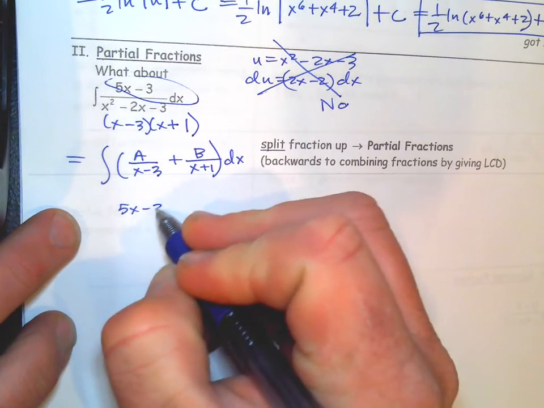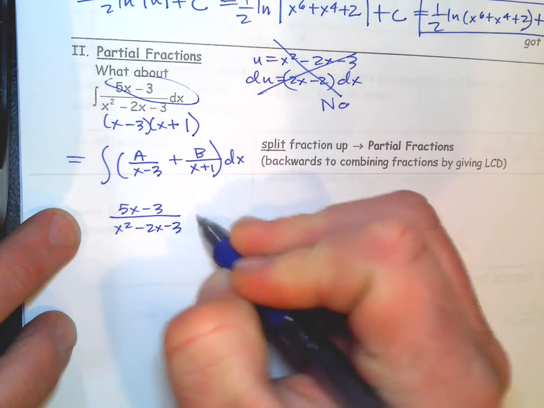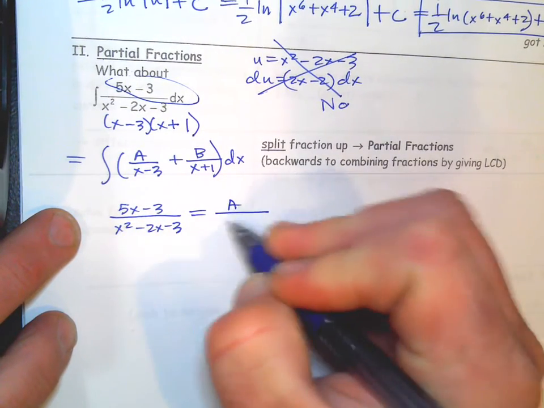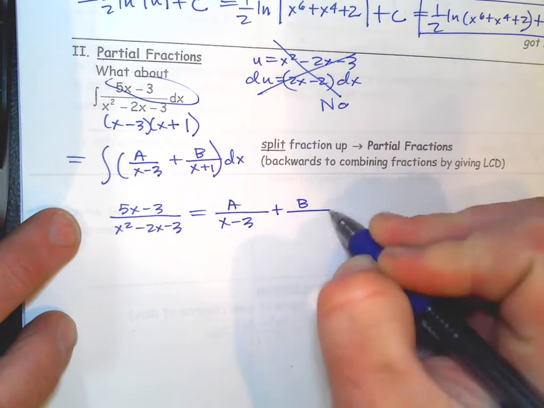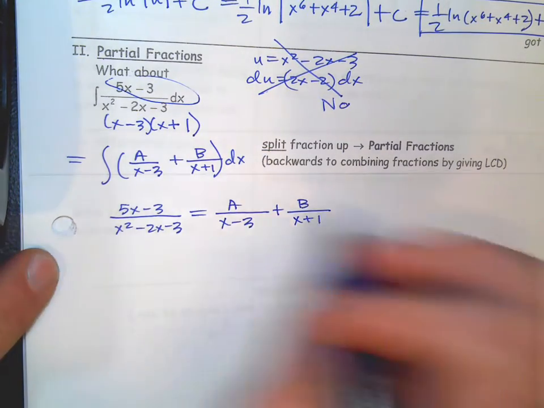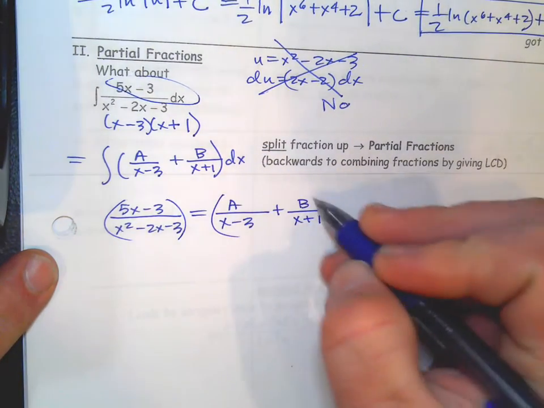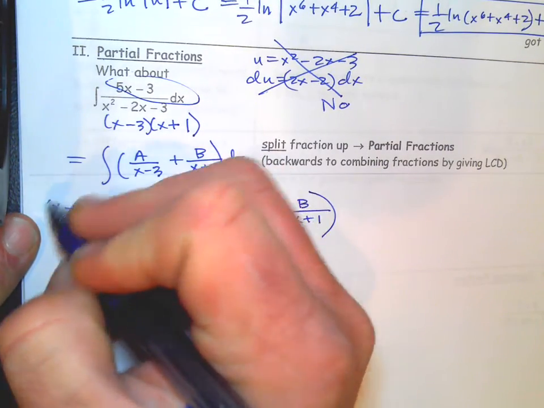So we're going to take a break from the calculus. We're going to say, all right, well that's the original fraction, and we want to somehow make it equal to a over x minus 3 plus b over x plus 1. I'm telling you, we should be able to do it. So one thing we're going to do is get rid of all the fractions by multiplying through by the least common denominator.